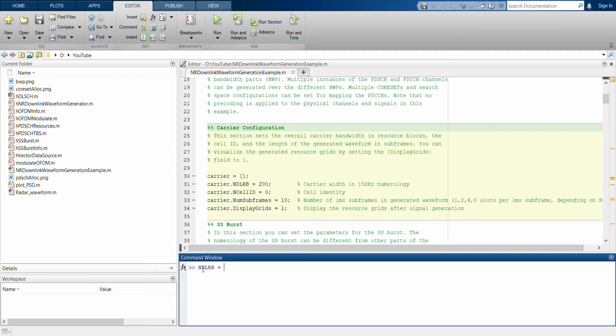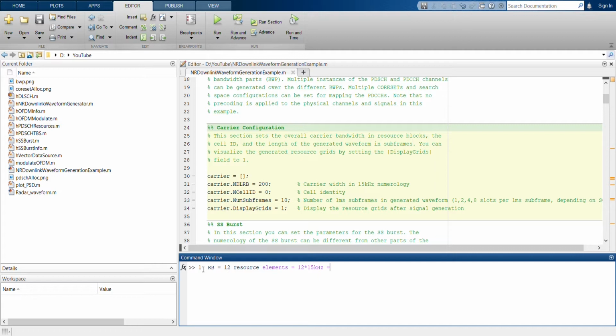Another term that is used in 5G is NSizeGrid, which corresponds to the number of downlink resource blocks. In 5G, one resource block, that is 1 RB, corresponds to 12 resource elements, and each resource element corresponds to 15 kilohertz.